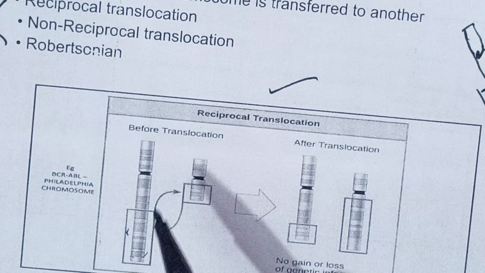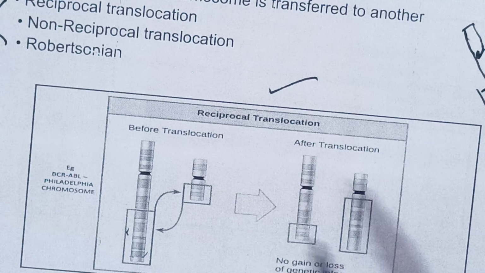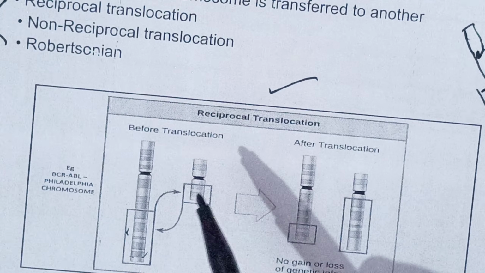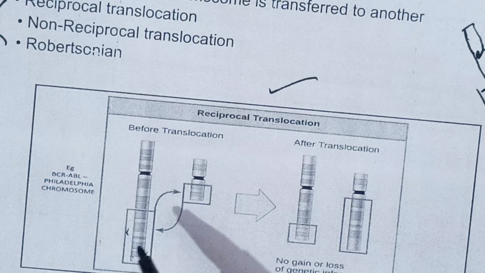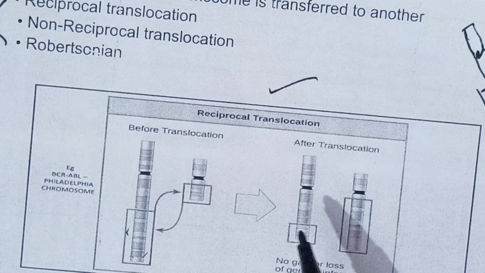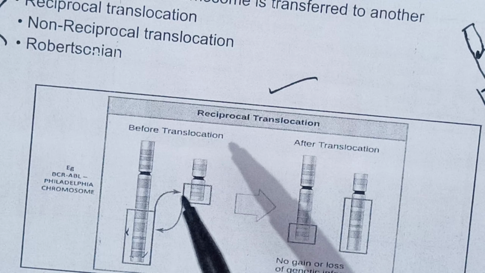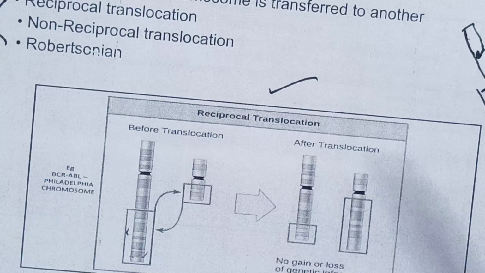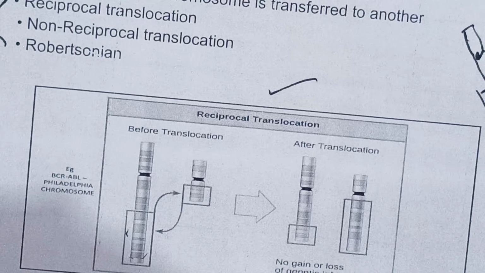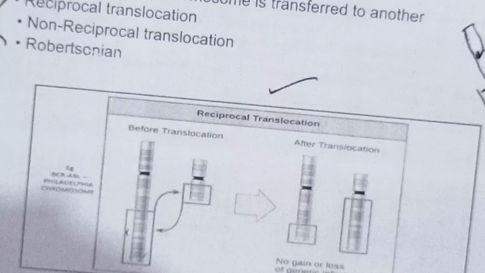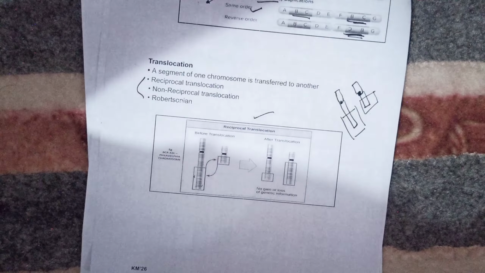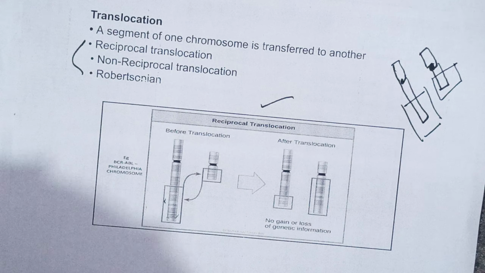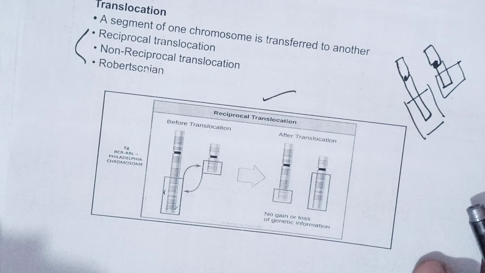This segment is removed from here and added here, and this segment is removed from here and added here. This is the segment which came from here, and this is the segment which came from here. This is the reciprocal translocation. Simple give and take. Both chromosomes share with each other. And then is the non-reciprocal translocation. Let's go a little ahead.